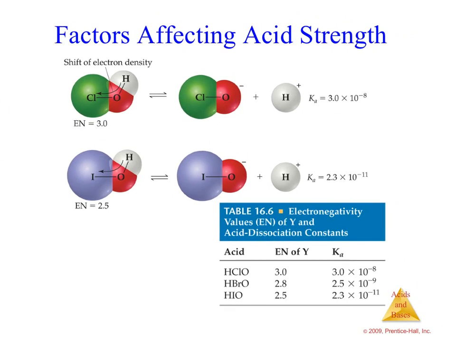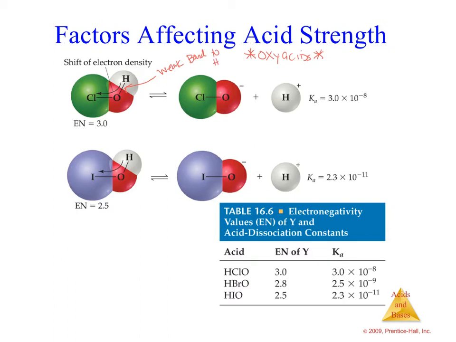So here, looking at factors affecting acid strength, we're looking specifically at oxyacids. So oxyacids meaning we have an acid where oxygen is involved, and what makes an acid an acid? A weak bond to hydrogen.